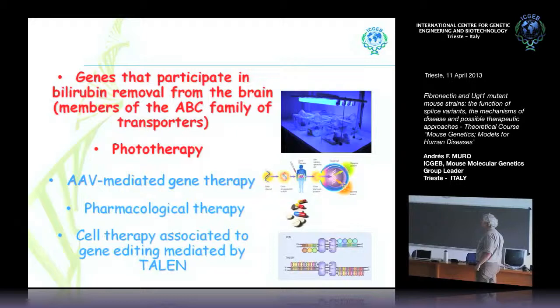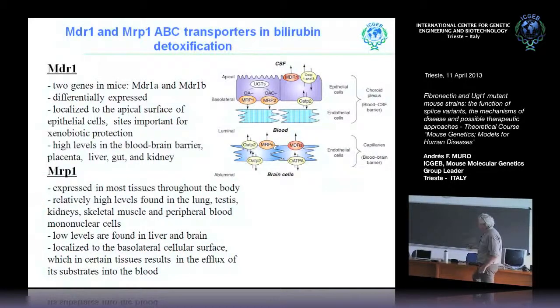Then we studied other things. I think that we still have some time. So, about modifier genes, there was some previously published work that indicated that some transporters of unconjugated bilirubin were present in the brain in specific zones: in the basolateral side of the epithelial side of the choroid plexus, and in the case of the capillaries also in the luminal side.